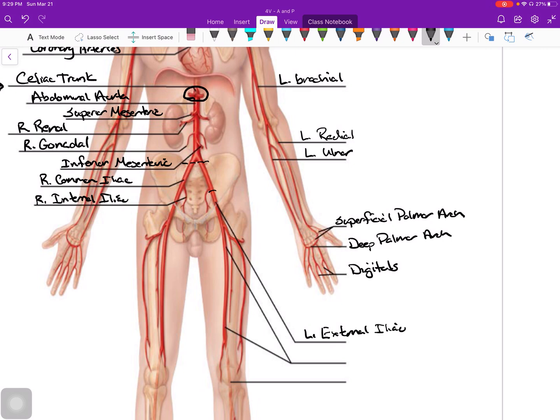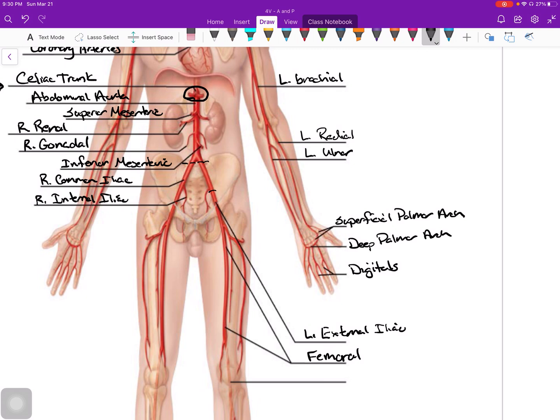All right, and then this long artery, longest artery in the body, is going to be my femoral artery. Ladies and gentlemen, you transect or bisect the femoral artery and don't get treatment immediately, you will bleed out in a matter of minutes. A femoral artery injury is really serious.